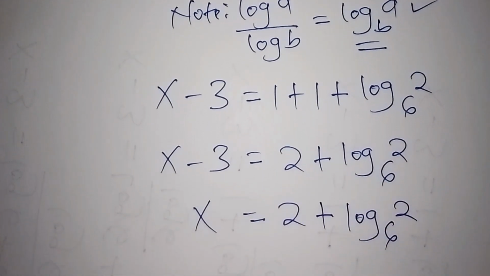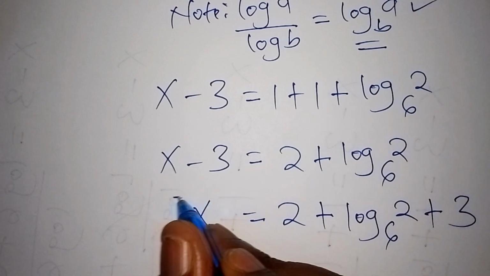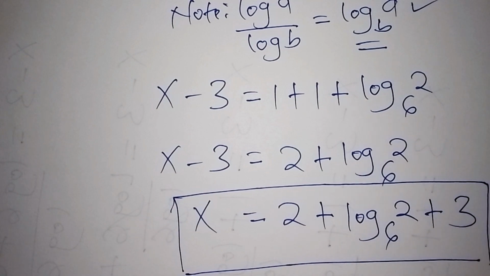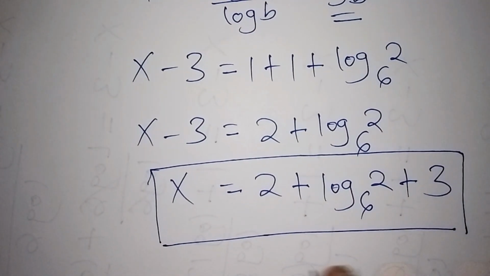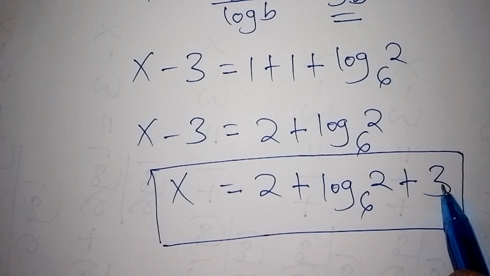Then, since this one is minus 3, when it crosses the equal sign, it will be plus 3. So that now marks the value for x: x is equal to 2 plus the log of 2 to the base of 6 plus 3. We can still confirm it.